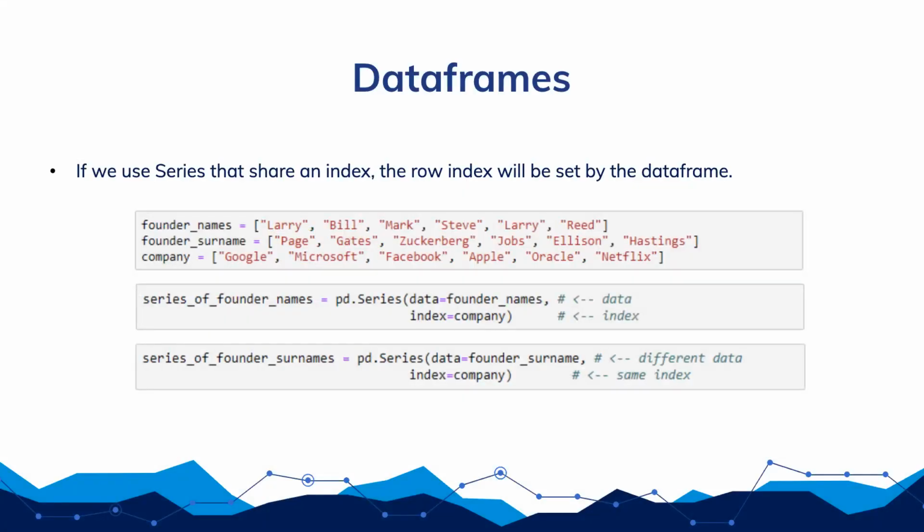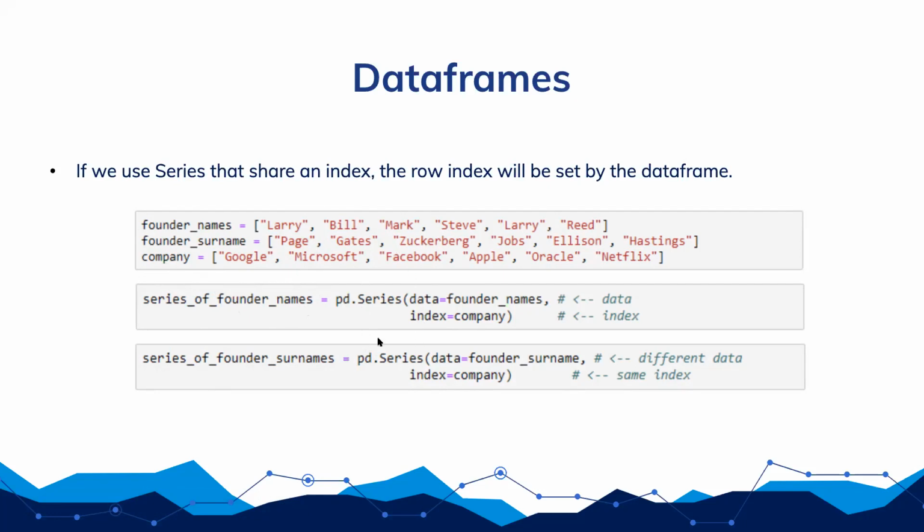Also, if you want to create a DataFrame and you have, say, three series independent of each other, and you want to form a DataFrame from those series, for example, you have founder names, founder surnames, and company. If you want to put this information into a DataFrame, you create two series: one using the founders' names and one using the founders' surnames, and you use the company as the index of both series.